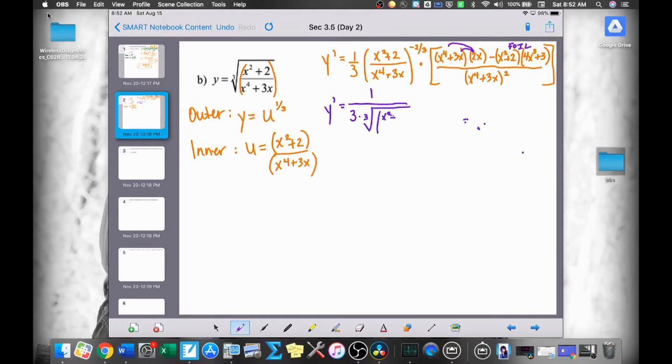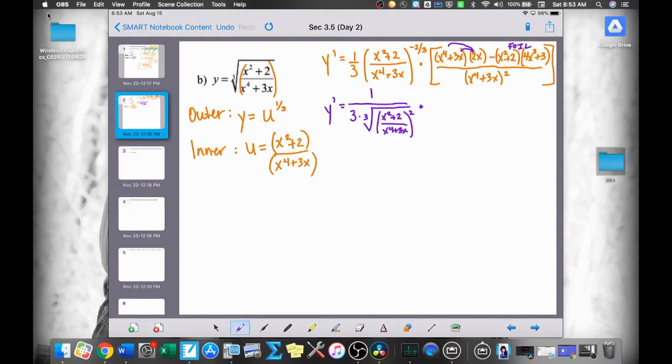So x squared plus 2 over x to the 4th plus 3x squared. Okay, so that takes care of the first part, and we are not going to do anything more with that. So that is just going to keep getting carried through to our answer. But we can certainly do more with the second part here.